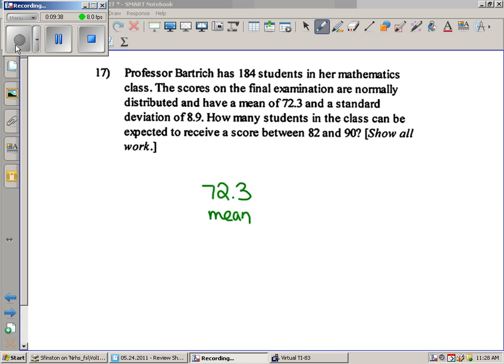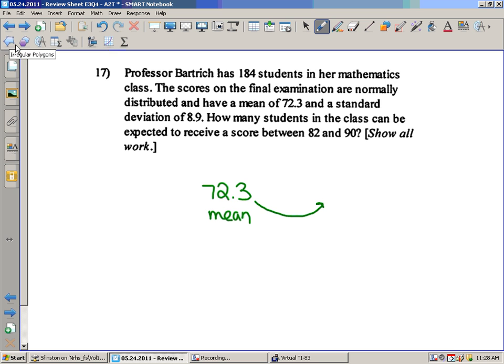Okay. So let's find out how far up these 2 scores are. Here's our mean. We're going to have to go up over here to get to 82, and then something more to get to 90. What we're really concerned about is this distance right here on the curve.